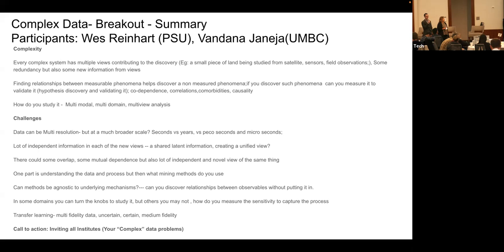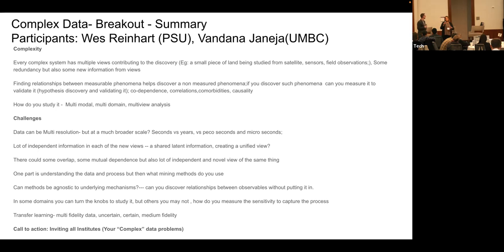In material science, we can turn a lot of knobs, change the temperature, whatever. In the iHarp program, they can't turn down the temperature. That would be great. So we think there needs to be some kind of common discussion around the idea of transfer learning in this multi-fidelity, multi-view space.